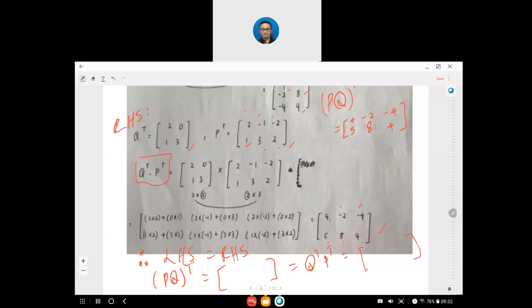Faham? Janganlah tulis macam ni. So awak tak tunjukkan dia sama ke tak. Because the question wants you to solve, to show whether PQ transpose is equal or not with Q transpose P transpose. Boleh faham? Your final answer mesti kena tunjuk. Okay. Next.